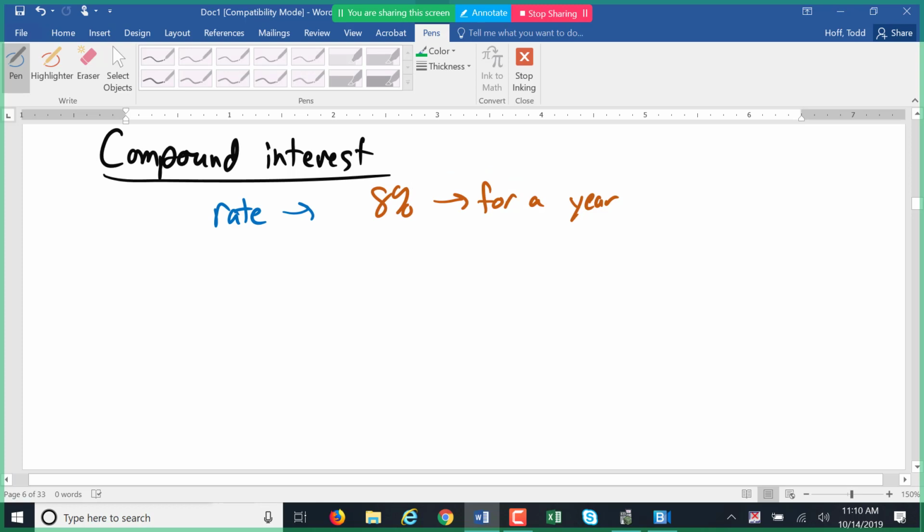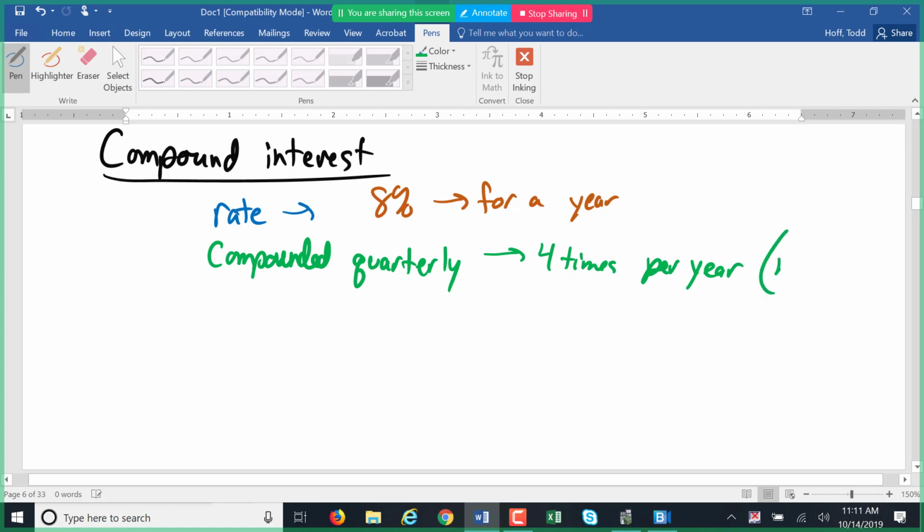If it says compounded annually, you just use that amount. But if it's compounded quarterly, that means it's done 4 times a year. So express that as n equals 4, saying that it's 4 times a year. If it was monthly, n would equal 12. You would compound it 12 times a year.